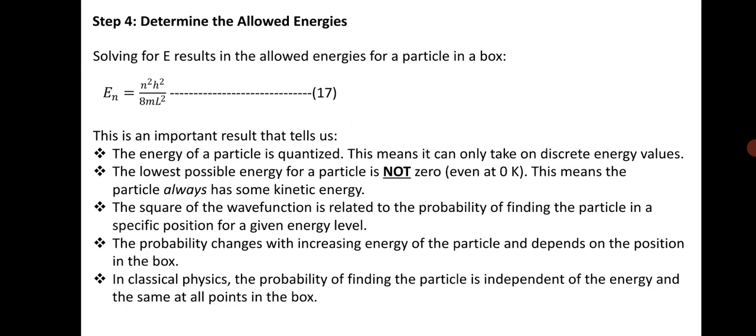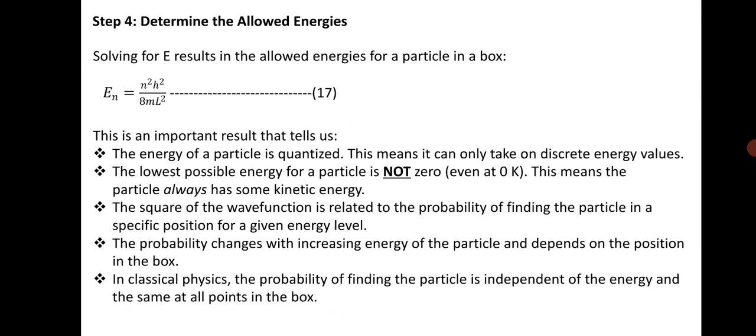Okay, so En consists of the principal quantum number n, that is n square h square by 8 m L square. So n can have only the values 1, 2, 3, 4, etc. Therefore, the first thing is it is quantized, and the second thing is the lowest possible energy is not 0, because when n is equal to 1, E becomes h square by 8 m L square.